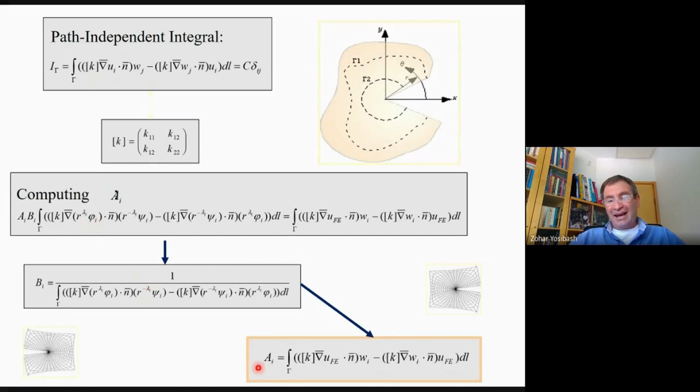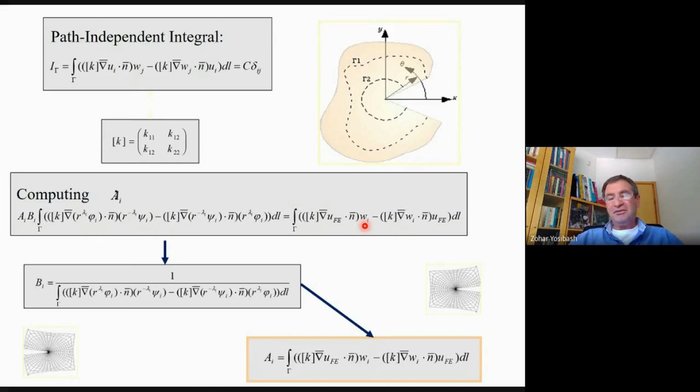Namely, what I have to do is compute this integral wherever I want along a path over here. So what is it that I take from the finite element analysis? I take the solution, I take the gradient of the solution along that path, and you see here the solution again, and I compute that integral with the dual solution for which I am interested in that specific coefficient.